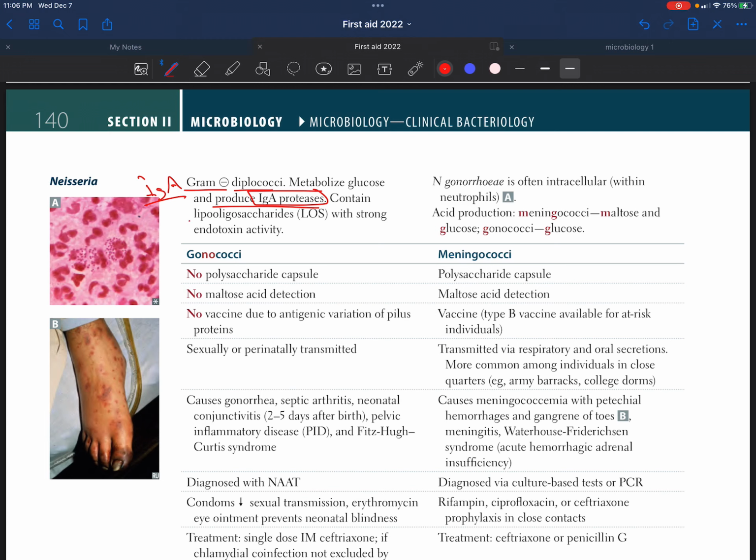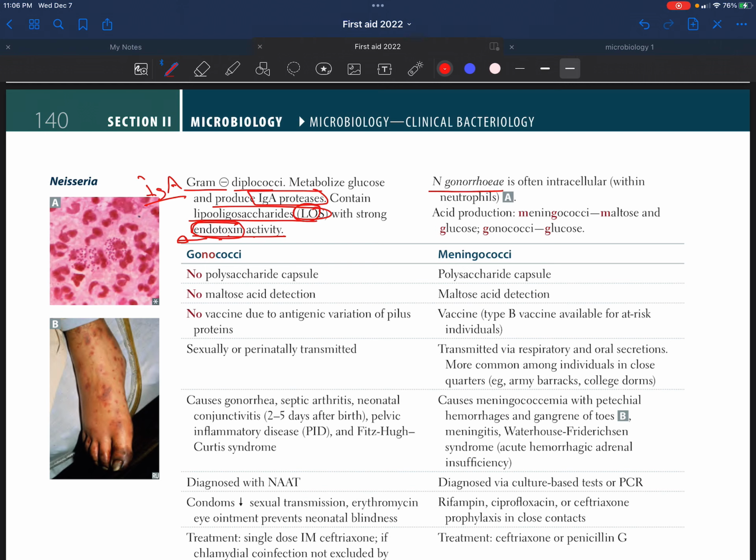It contains lipooligosaccharides, LOS, with strong endotoxin activity. So these LOS contained within these bacteria have a very strong endotoxin activity, which we know is considered a main huge issue in bacterial infection.